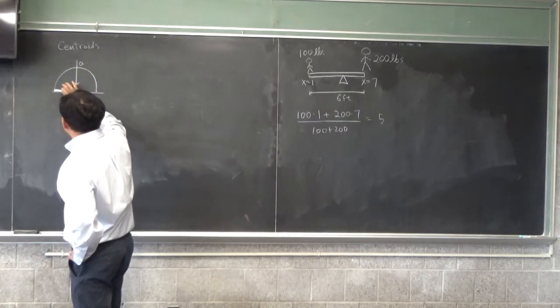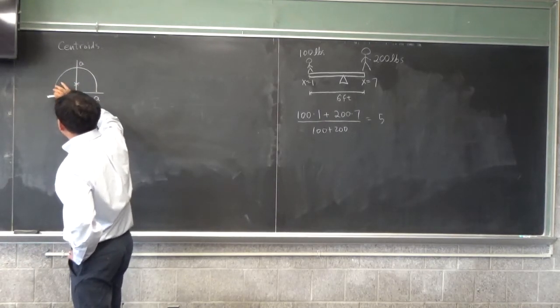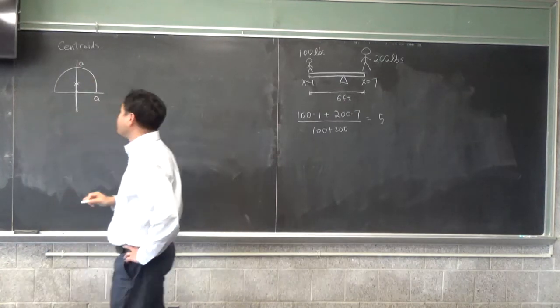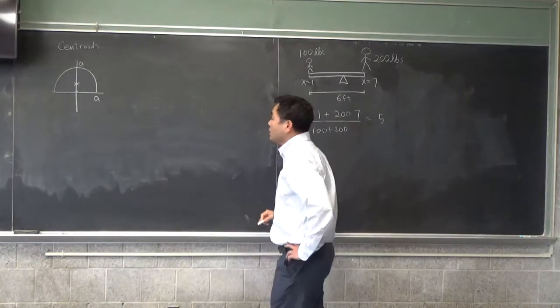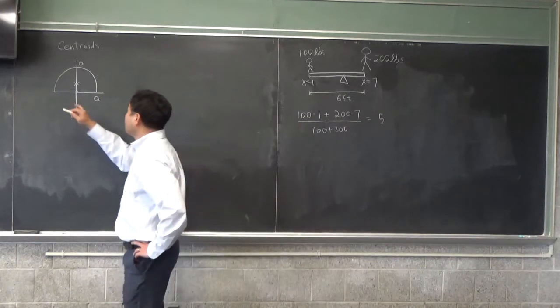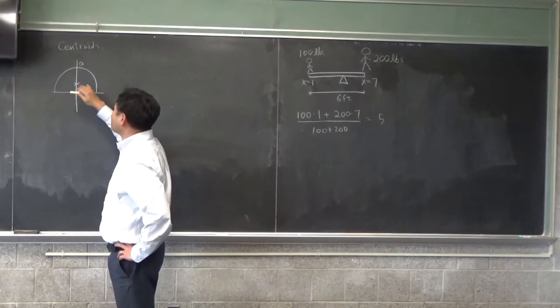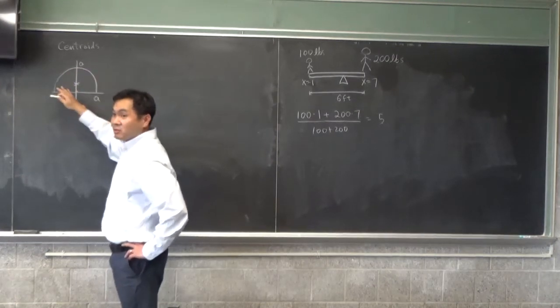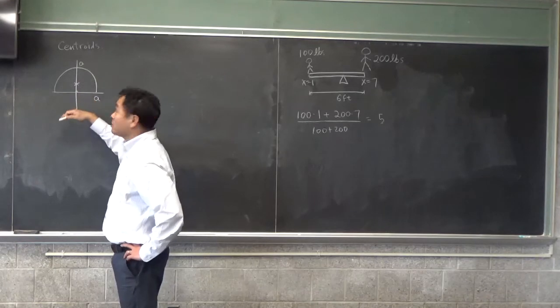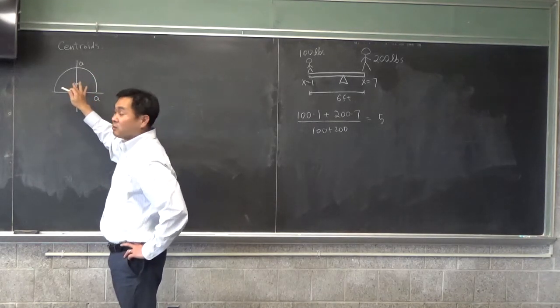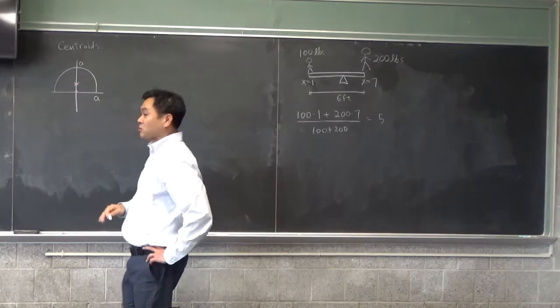So let's say we have a half circle centered at the origin of radius a. And you want to find the center of mass of this object, okay? And we assume that this object has uniform density. That's why it's called centroid. So we want to find the centroid of a half circle. That's the question.